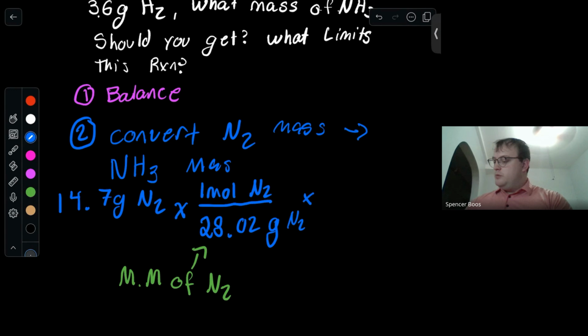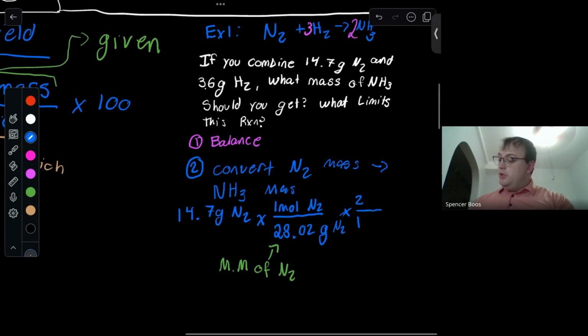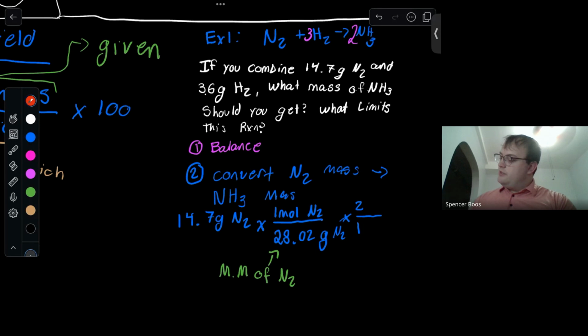Now, we go ahead and multiply this. I don't want moles of N2. Moles of N2 right now is kind of useless to me. So we need to convert this to moles of NH3. To do this, we need to use the mole ratio. According to my equation up here, for every 1 mole of N2, I get 2 moles of NH3.